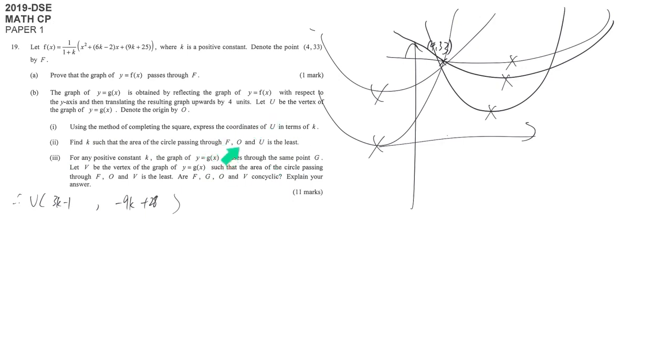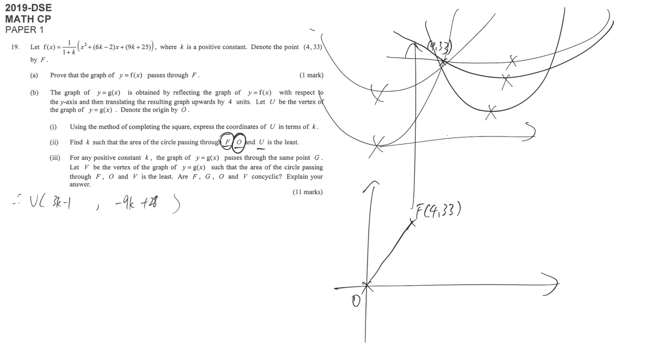To consider this, F, O, U: among these 3 points, F is fixed, O is also fixed, but U is not fixed yet, and you can choose a suitable one. That's why the graph, we have the origin, we have the point (4, 33), F.